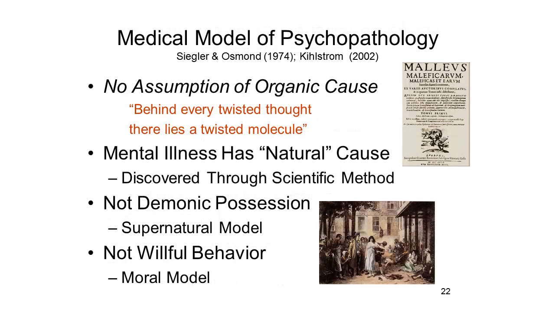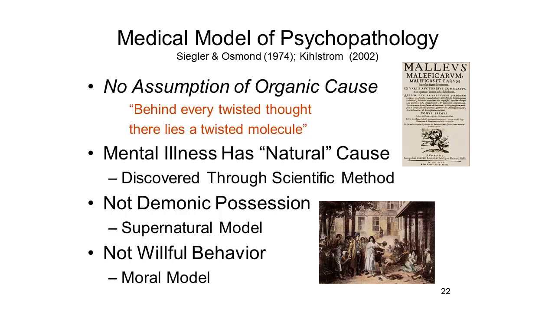I want to talk about the medical model of psychopathology a little bit more, because there's often considerable misunderstanding about what exactly the medical model says about mental illness. It's commonly believed, and it's often presented this way in textbooks, that the medical model ascribes mental illness to organic causes. That is, that every psychiatric syndrome is ultimately some kind of organic brain syndrome.